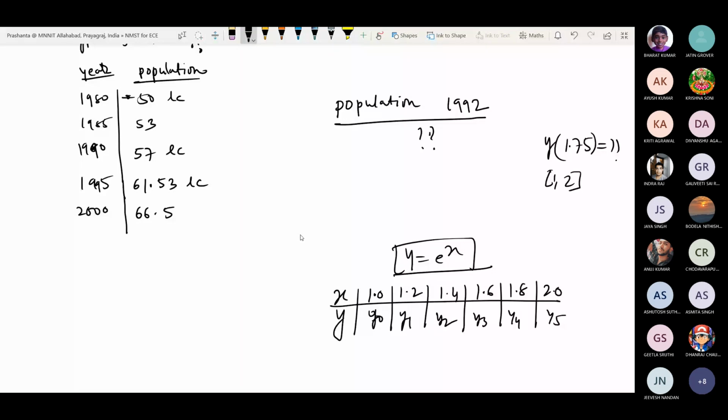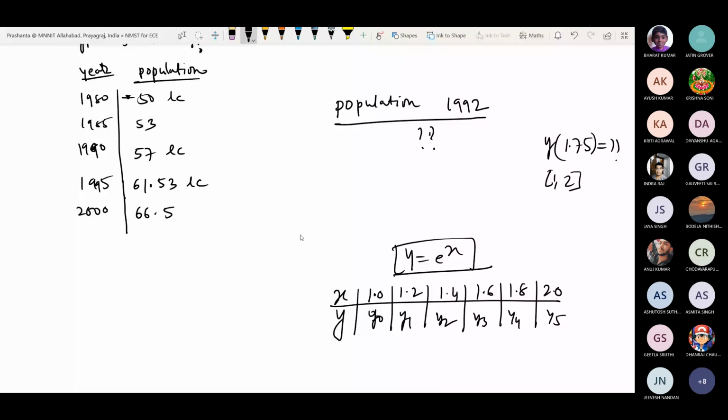You are going to learn some methods to interpolate this data and approximate e power x by a polynomial in the interval 1 to 2. In that polynomial put x equals 1.75, see how much you get, and see the closeness between the value of e power 1.75 and the value obtained from the polynomial.